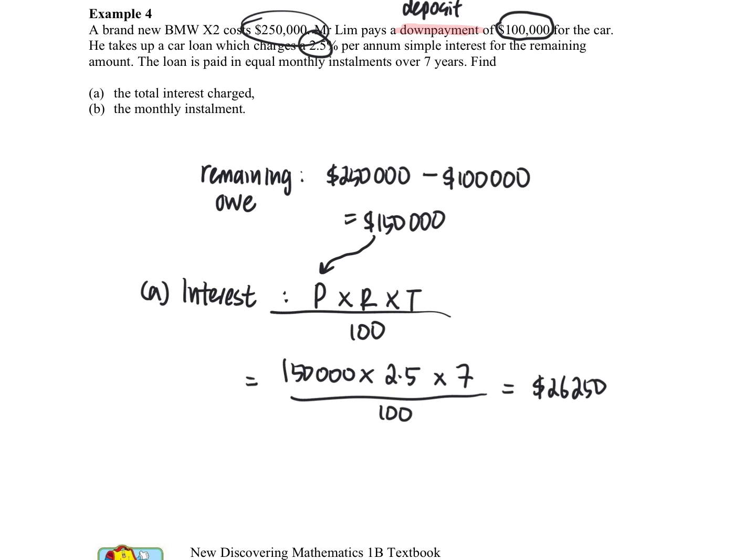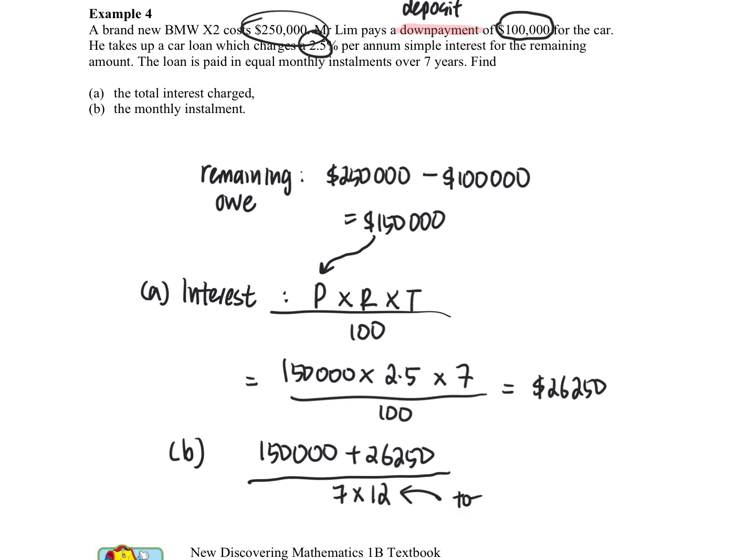So every month, how much do I need to pay them? This is the amount I owe them. This is the interest I need to pay them at the end of 7 years. How many months in total in 7 years? 7 times 12, right? This is the total number of months.